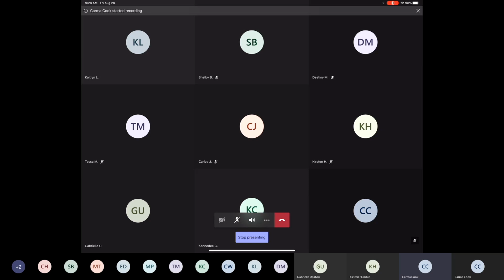Okay, groups 2 and 3, your group meeting rooms are now available and should be visible by just clicking on Teams, and you'll see general, then group 1, group 2, group 3.